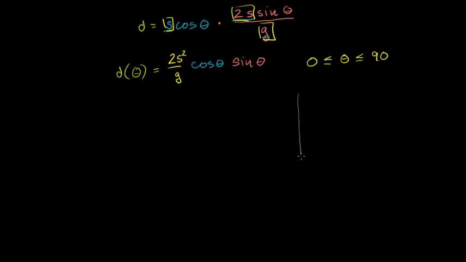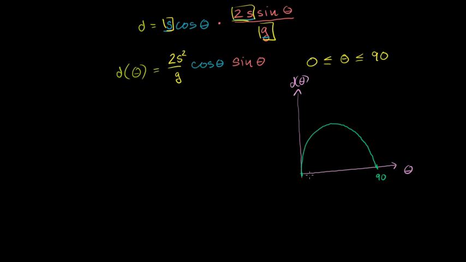This is the distance as a function of theta axis, and this is our theta axis, and we care about angles between 0 and 90 degrees. So this is 0 degrees, this is maybe 90 degrees right here, and the graph of this function will look something like this.